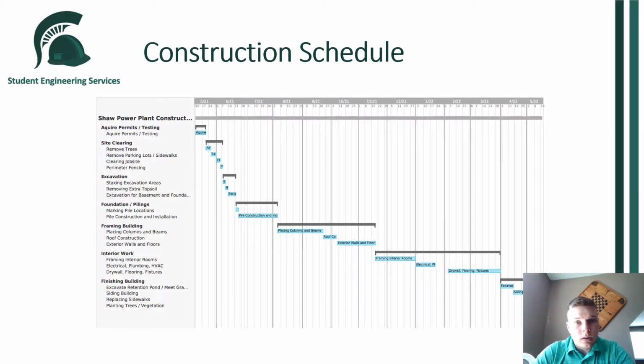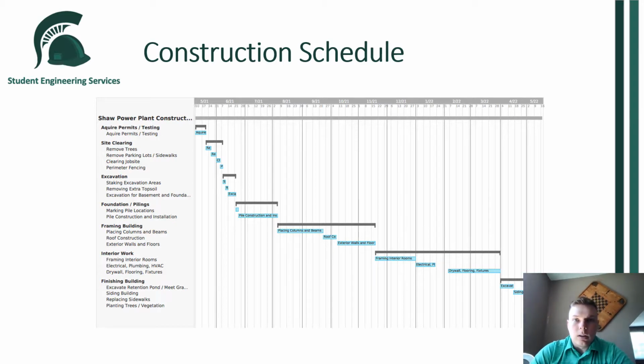So this will be the first of two construction schedules. This construction schedule represents the first portion of the project, which is the Shaw Power Plant construction and renovations. The start date for this project is May 10th, 2021, and we'll start off with acquiring the proper permits and all the stuff we need in order to begin the groundwork on the project.